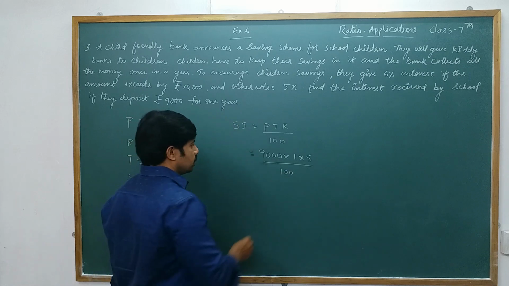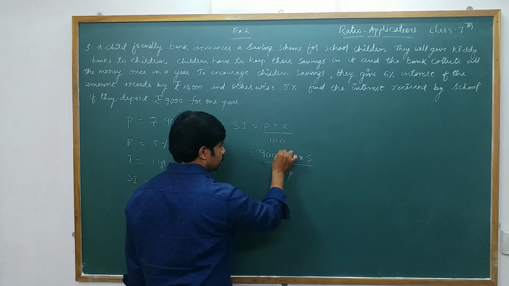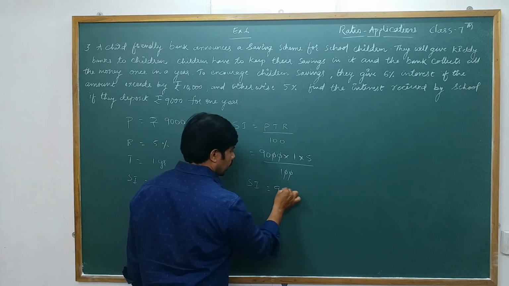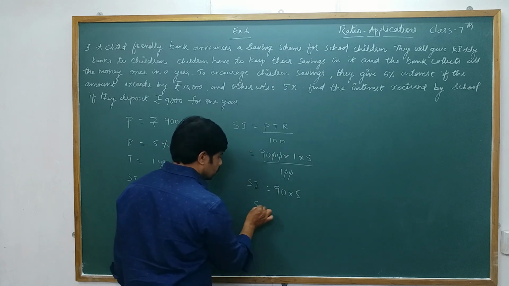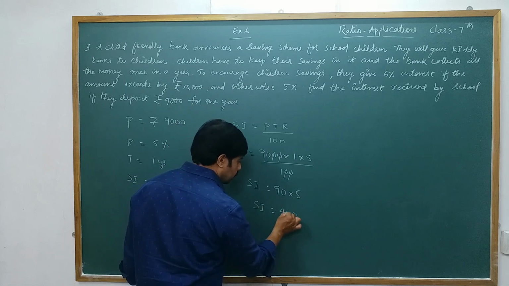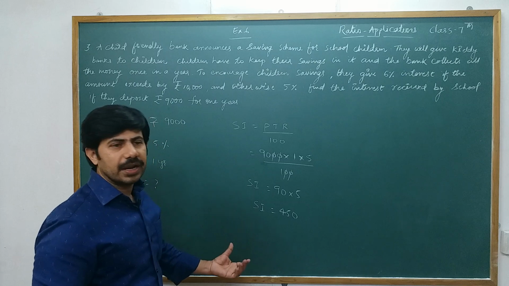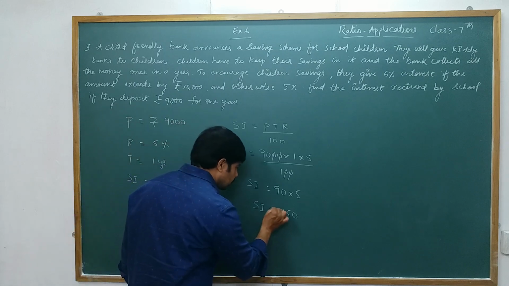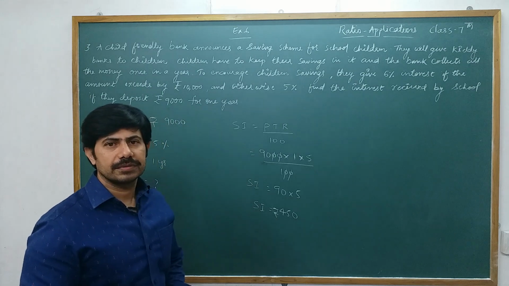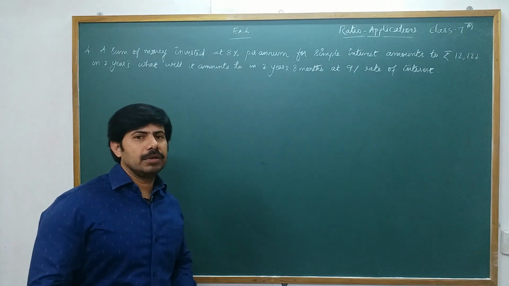Okay, now the zeros will cancel. So SI is equal to 90 into 5. So SI is equal to 5 zeros are 0, 5 nines are 45. So what is SI they are getting? It is rupees 450.